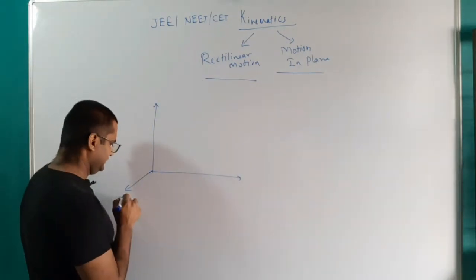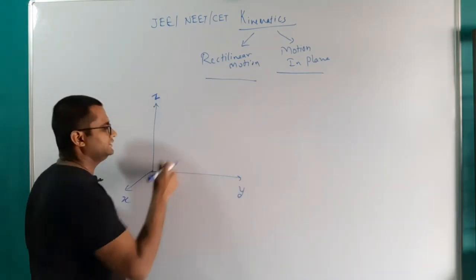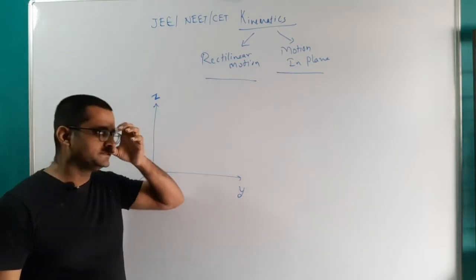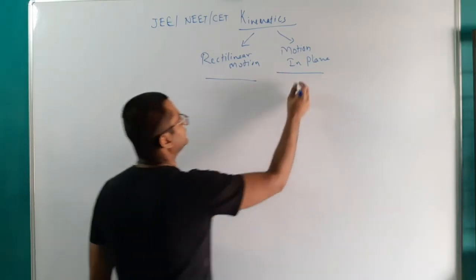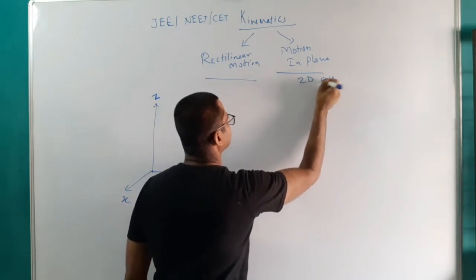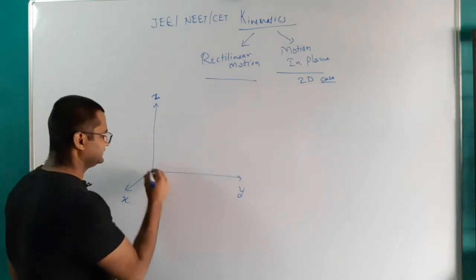So let me generalize everything. Let us consider directly the three-dimensional case. We can anyway consider the 2D case, which is there in the book. You can go through the 2D case, which we will deal with throughout this lesson, but I'll explain the same thing in the three-dimensional case.